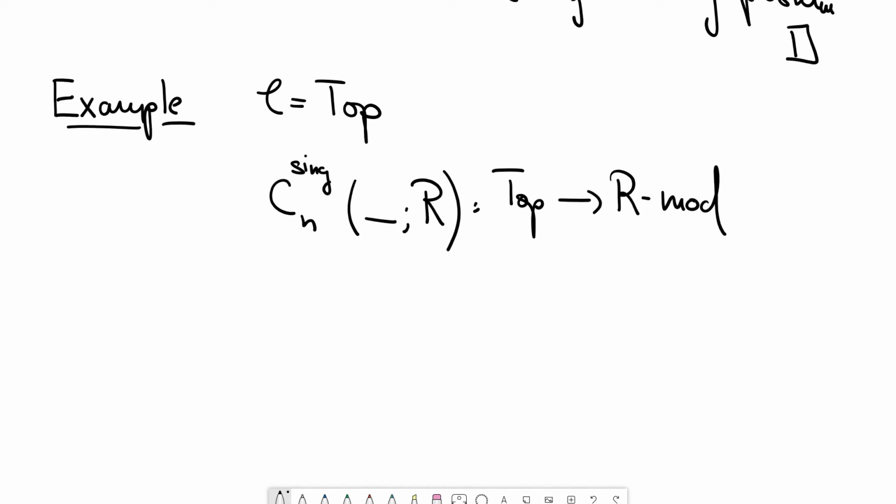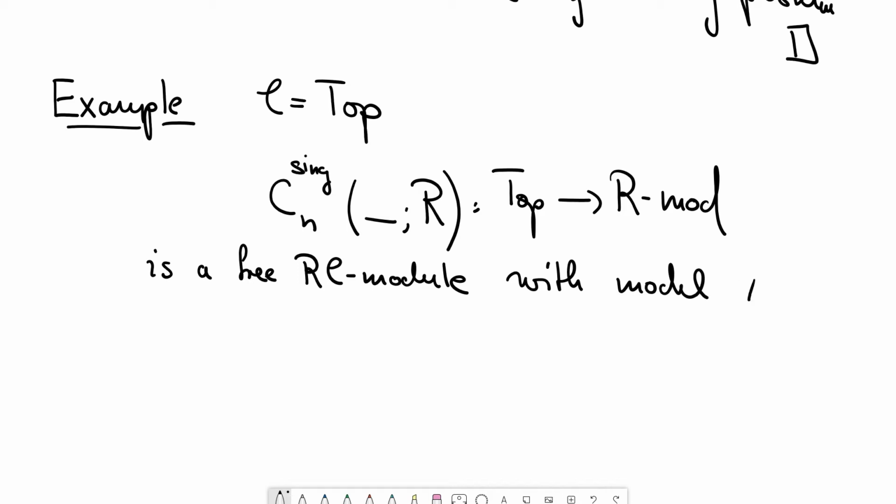And I'm claiming that this is a free R C module with model delta n.